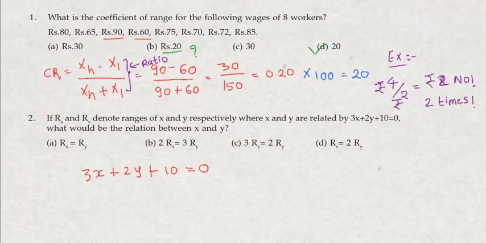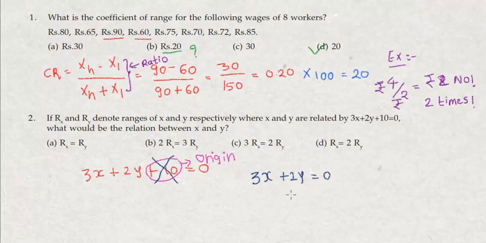Now you can understand that this plus 10 in the equation shows change in origin, because it has been added to the equation, and range is actually free from change in origin. So we can forget this plus 10 and rewrite our equation like this: 3x plus 2y is equal to 0.